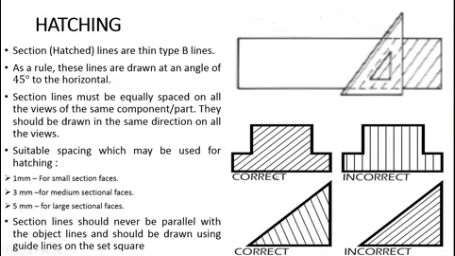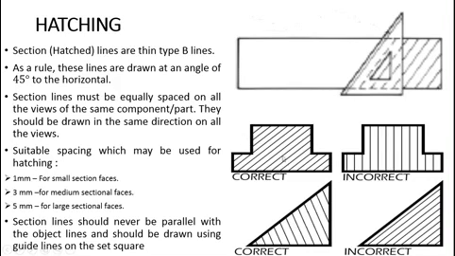It indicates the object, and on the inside here you have the section lines. The correct way of sectioning is to put these section lines at an angle, and always make sure that the angle is not parallel with the object lines.